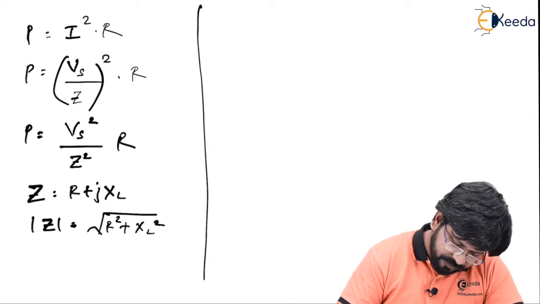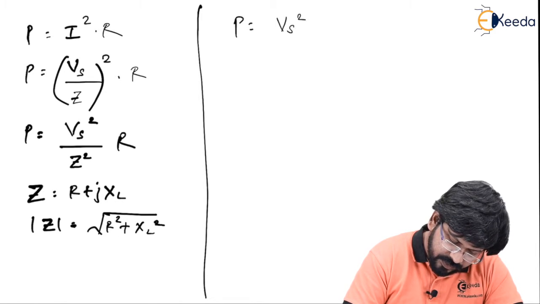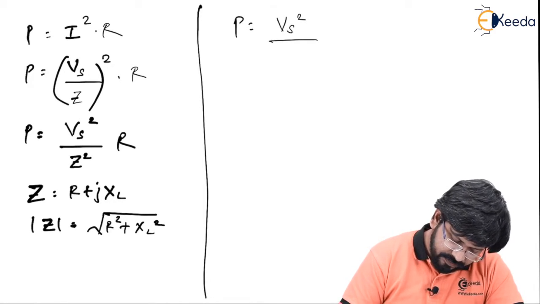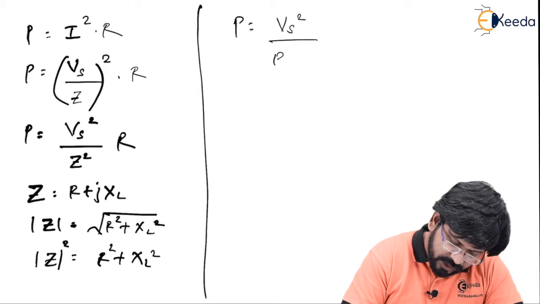Therefore, P will become Vs square upon Z square, that is magnitude of Z square is simply R square plus XL square. So I am going to substitute this as R square plus XL square.